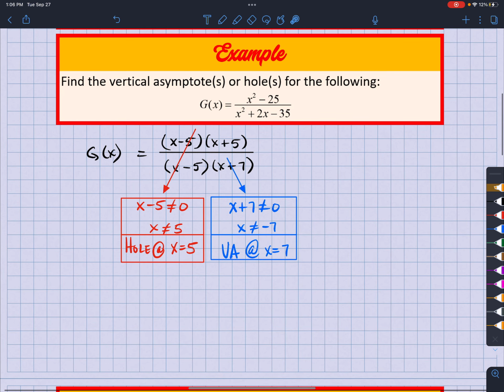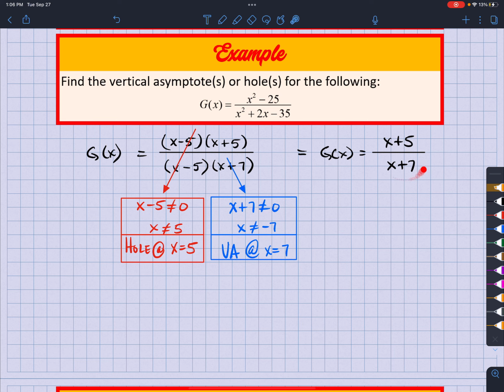So that's how we determine if it's going to be a vertical asymptote or a hole. It all depends on whether they cross out or not. Because if I do cross these out, what's g of x going to end up being? Well, g of x is going to end up being x plus 5 over x plus 7. Right?